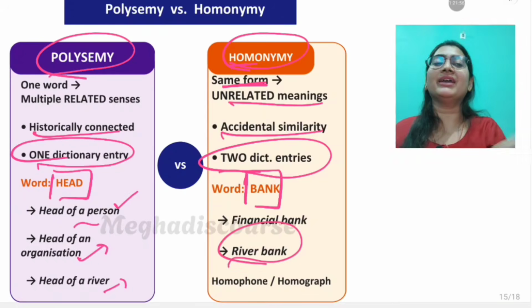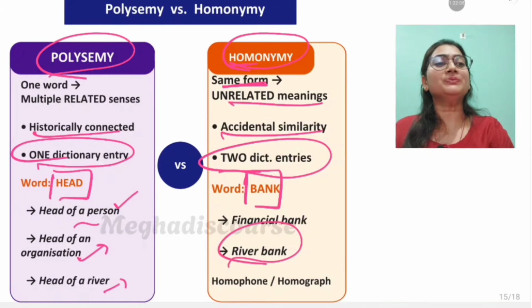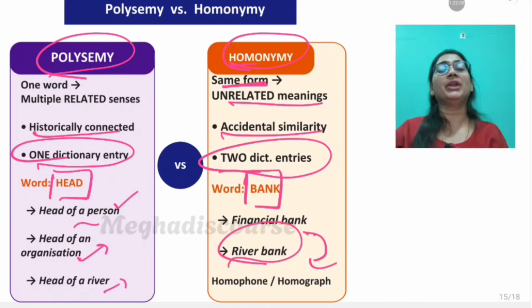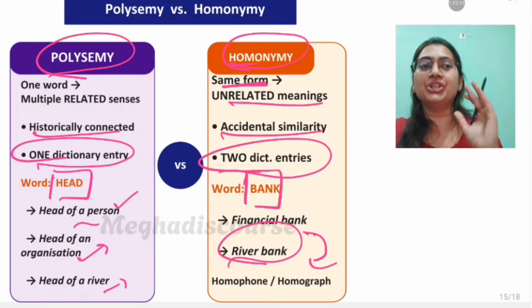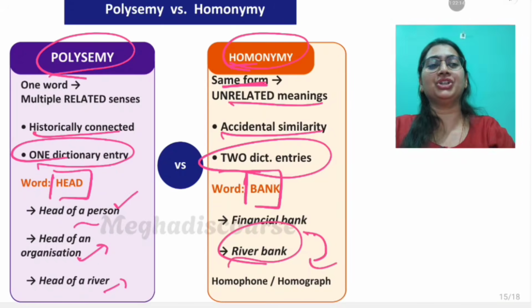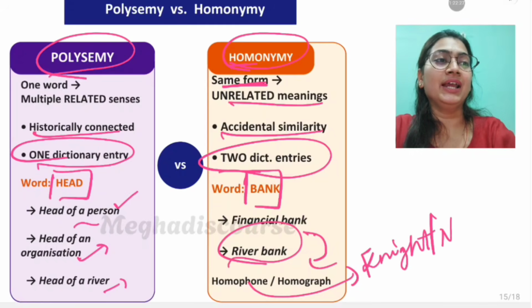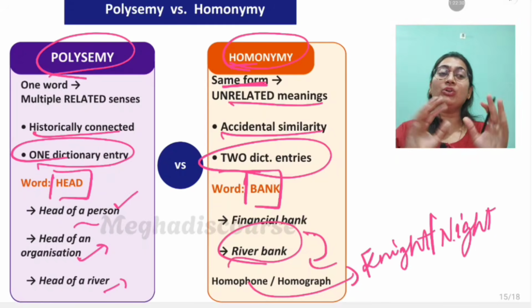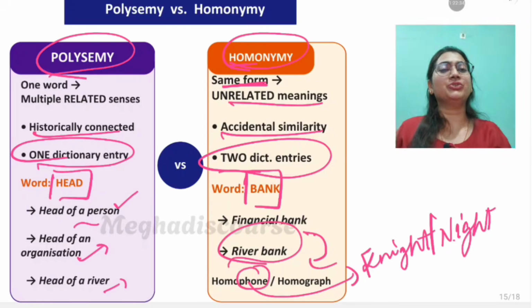Then we have a river bank, like the banks of the Ganga or Brahmaputra. It is further divided into homophone and homograph. Homophone, phone relates to phonetics, pronunciation. When they have the same pronunciation, that is called a homophone. Like if I am saying night and knight, they have the same sound but different spelling. So here sound, the sound system, plays a crucial role.